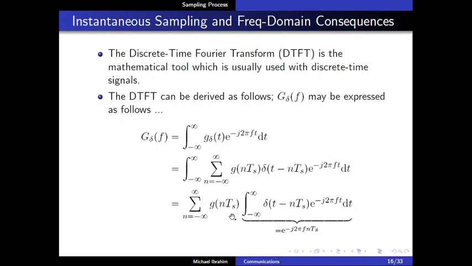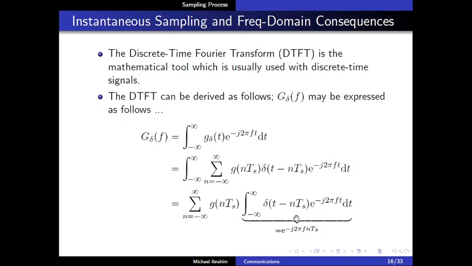Note that we have taken G of nTs outside of the integration because the integration is with respect to time t, and G of nTs is not a function of time. So this integration is an impulse multiplied by a function, and as we have seen previously, it gives us the value of the function at the instant where the impulse happened.